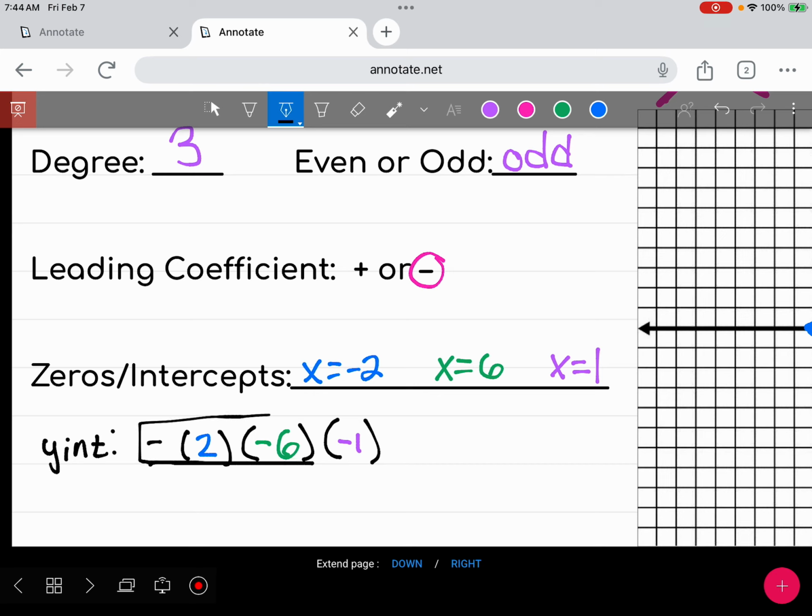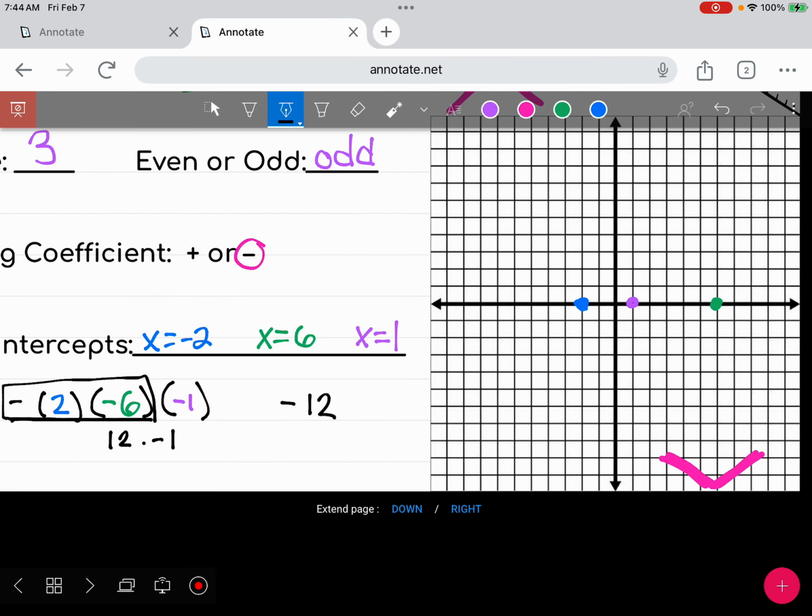Just this part. 2 times 6? 12. Minus times a minus? This becomes a positive, right? So this is 12 times minus 1. Our y-intercept's going to happen at negative 12, which I know is not actually on our graph, but that lets us know we're going to have a point way down here somewhere.